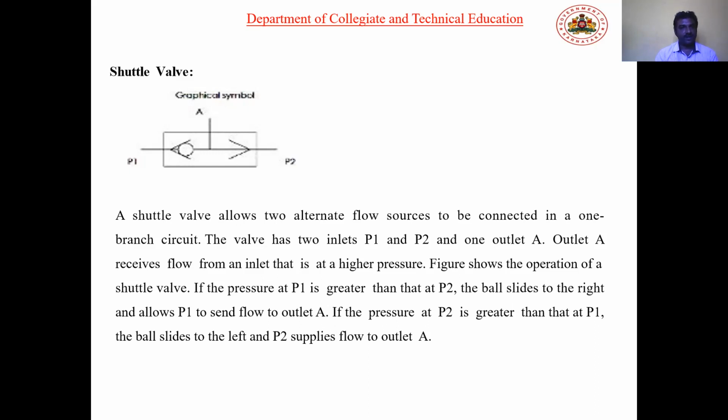If the pressure at P2 is greater, the valve slides to the left and P2 supplies flow to outlet A. So in this way there are two alternate flow sources connected in one branch circuit. This is called the shuttle valve, and it is represented by the graphic symbol. We can see P1 and P2 as the inlets, both connected to outlet A.